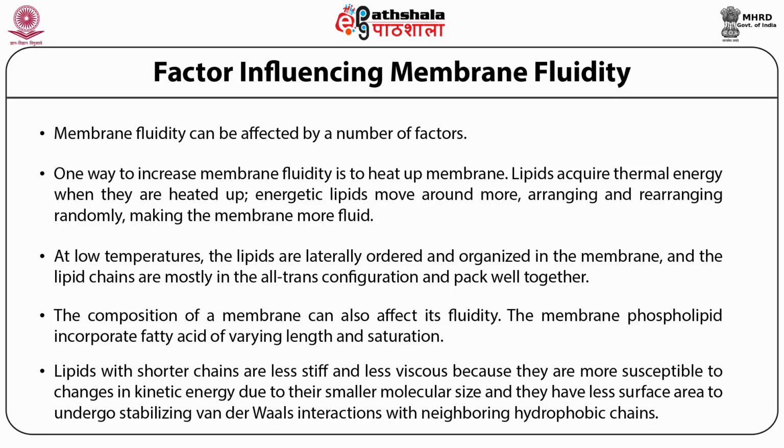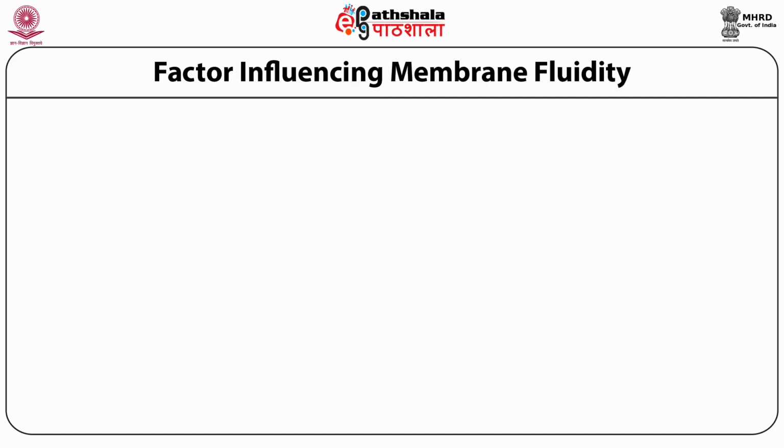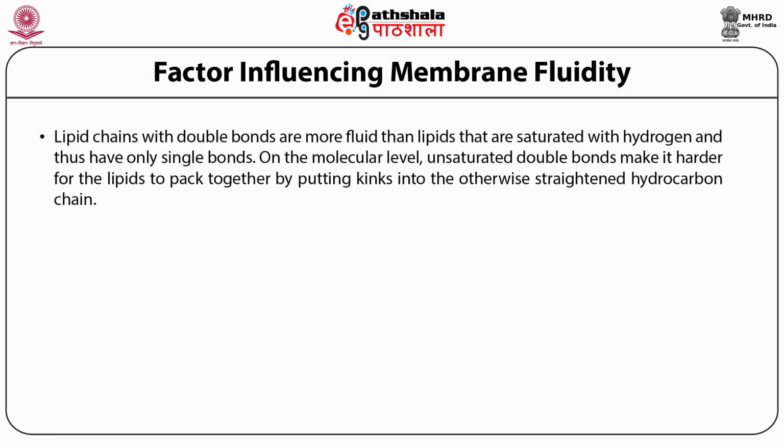Due to their smaller molecular size, they have less surface area to undergo stabilizing van der Waals interactions with neighboring hydrophobic chains. Lipid chains with double bonds are more fluid than lipids saturated with hydrogen, and hence saturated fatty acids containing only single bonds restrict movement and decrease fluidity.